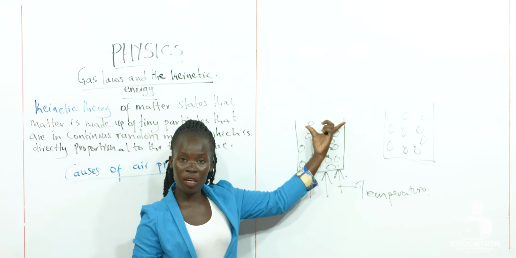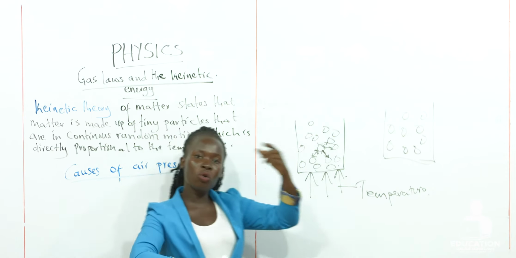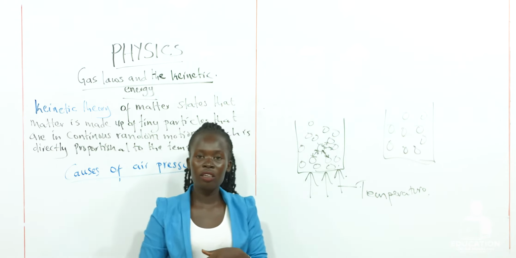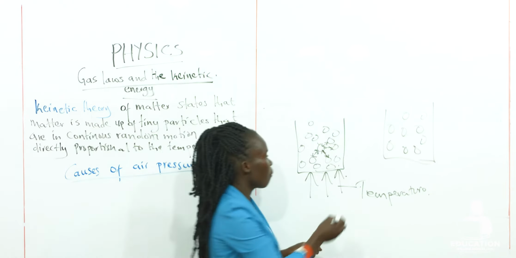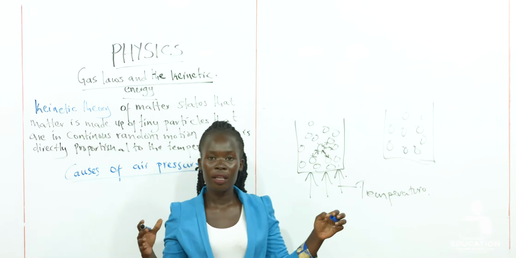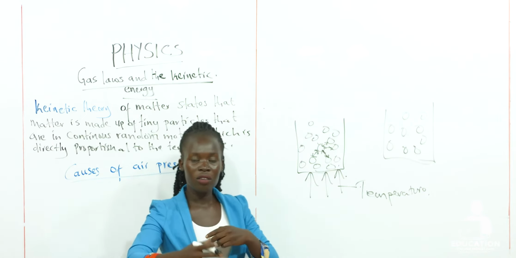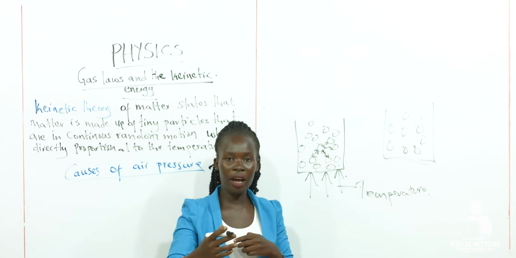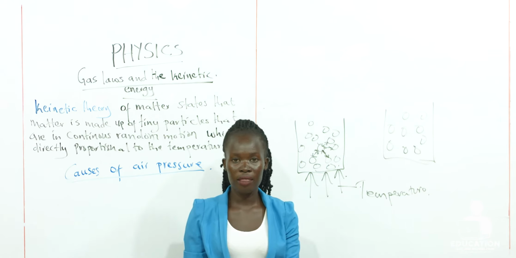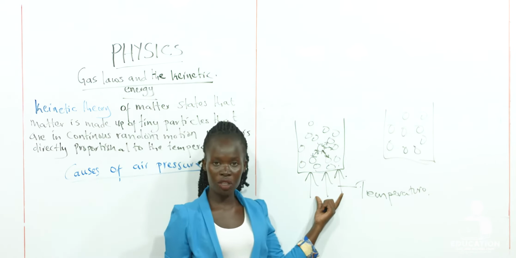So you see, when you increase the volume, for the molecules to collide with one another, it is going to take time, because they have to occupy a wider volume, a wider area. So if they are occupying a wider area, these molecules are going to be more spaced than they were together before increasing the temperature.